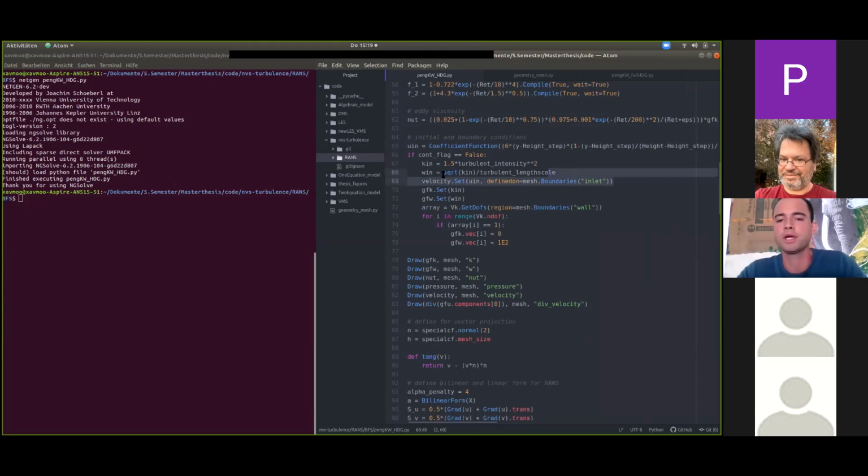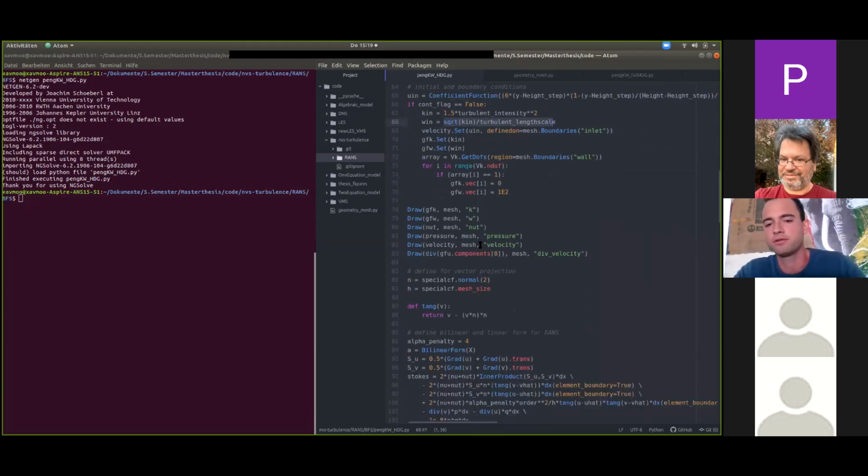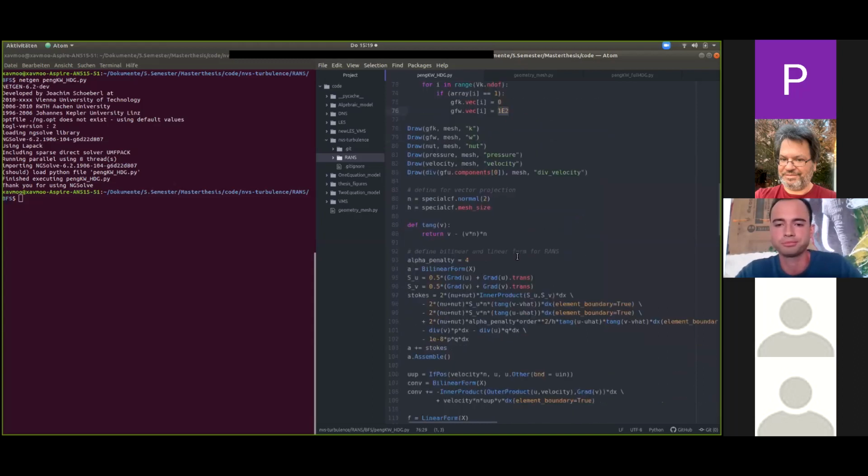For K and for omega, we use initial values from this formula, so it should just act as an initial guess for K and omega. At the solid walls, K would be 0, and for omega, we set it to 100 or 1000 or a higher value.